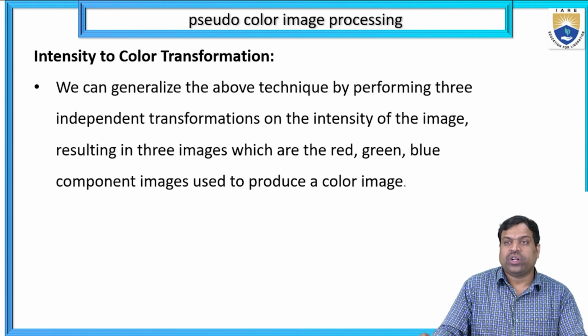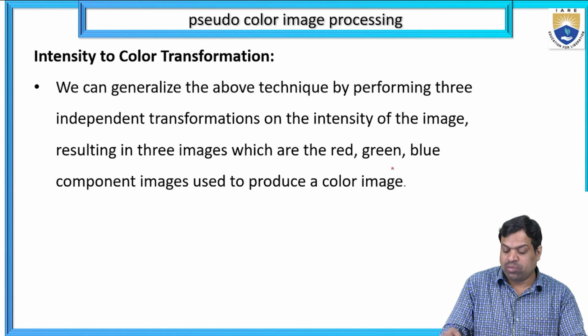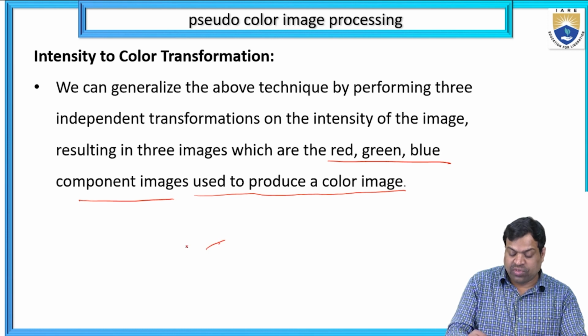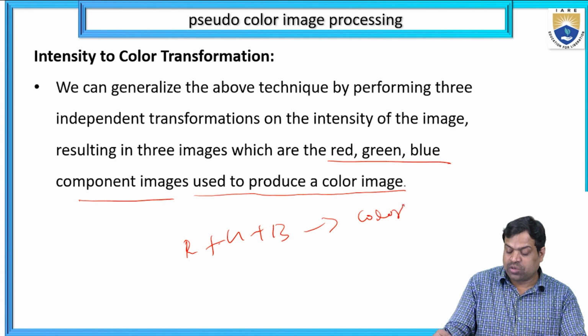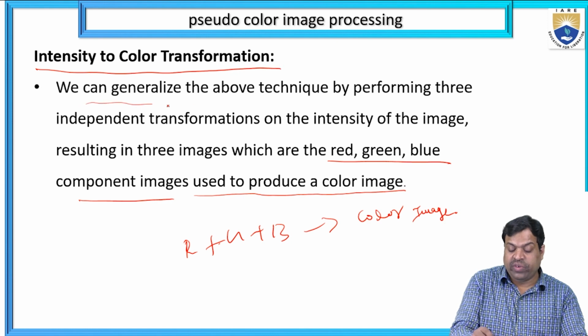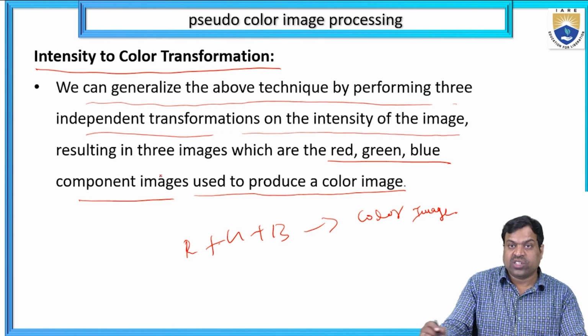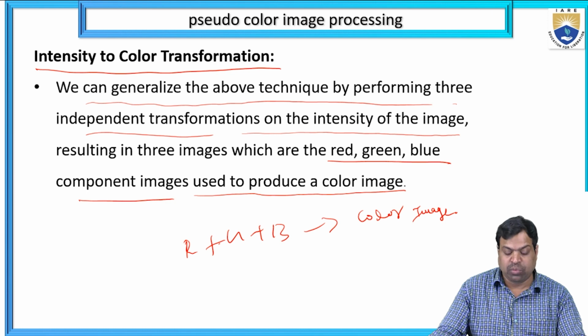We can generalize the above technique by performing 3 independent transformations on the intensity of the image, resulting in 3 images which are the red, green and blue component images used to produce a color image.